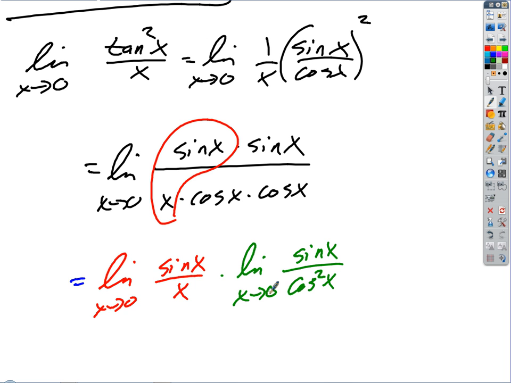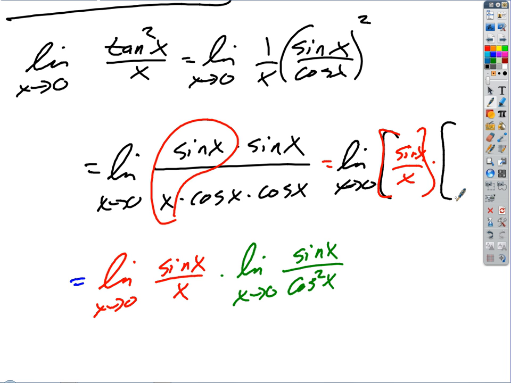And you don't even have to necessarily write them as separate limits. We could if we wanted to. We could just write this as the limit as x approaches 0, even of just individual factors. I could just say sine x over x times sine x over cosine squared x. They mean the same thing.